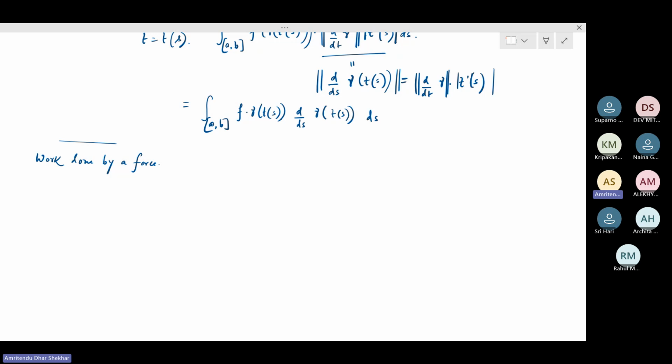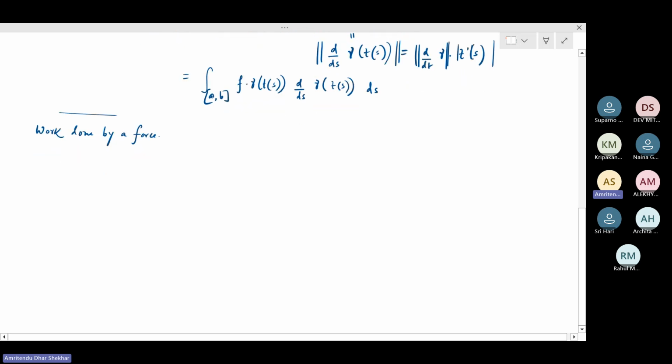Okay, so this is a bit different, but we'll see how this is defined. So your force is not a scalar function. Force is a vector field.